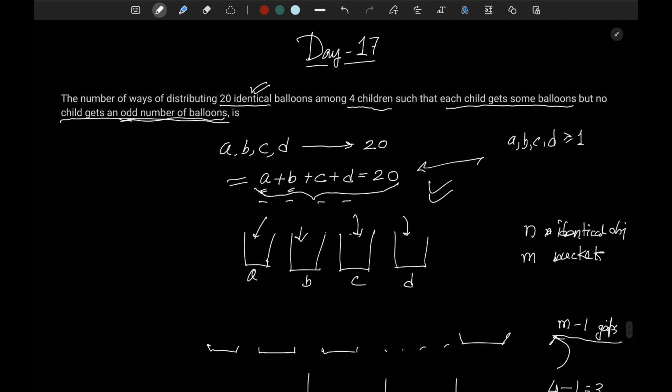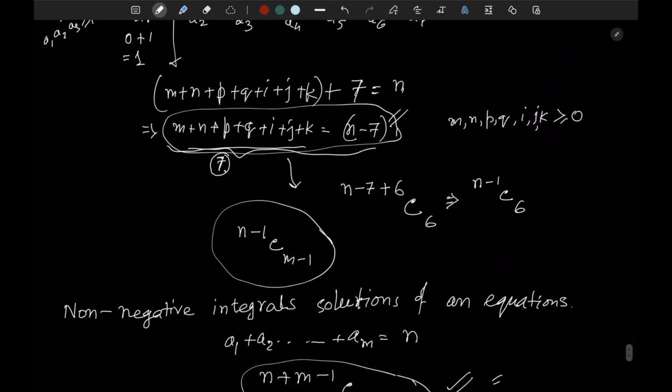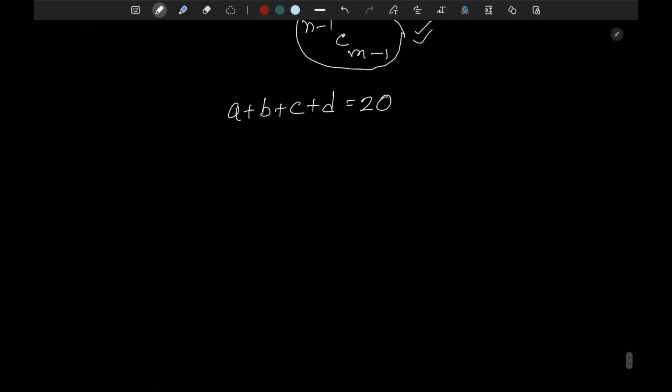That means the values of a, b, c, d have to be greater than 0 because every child has to get some balloons. And also everybody got an even number of balloons. So a, b, c, d can take values 2, 4, 6, 8, 10, and so on, such that this equation is satisfied.